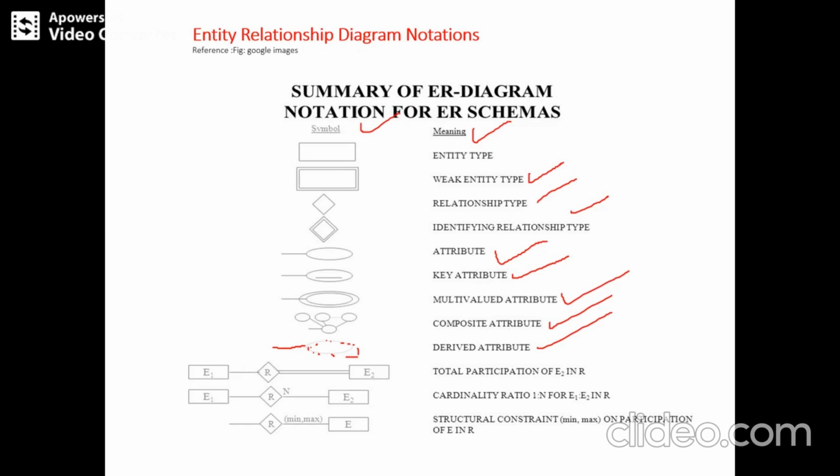Now these three symbols give a clear picture about the participation constraints as well as the cardinality ratio constraint.